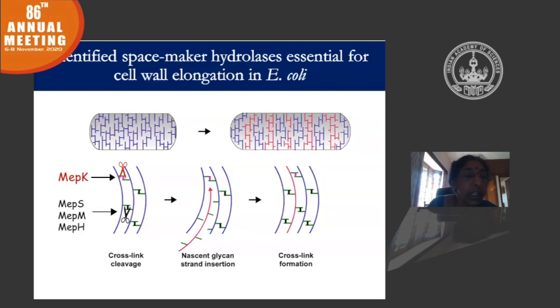You can see here that one type of crosslink, which is between two MDAP residues, is colored in red. The other one is in black. So we identified two types of crosslink cleaving enzymes. One is represented by MepK. MepK stands for murein endopeptidase. Murein is another term for peptidoglycan.